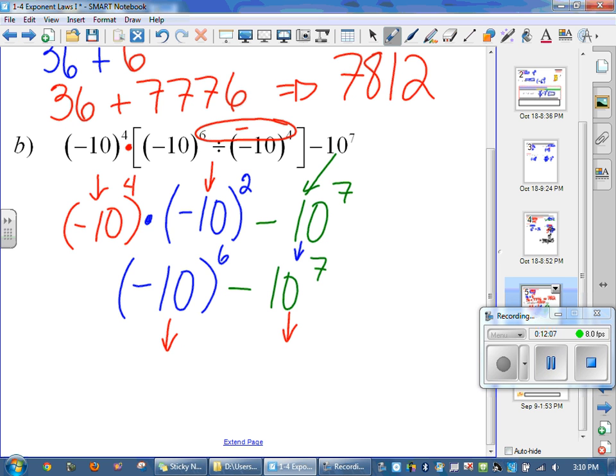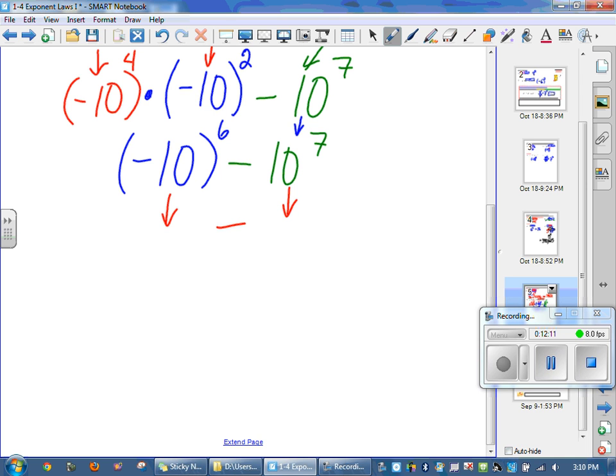So now, remember our exponent tells us how many zeros we have. An even number and a negative sign means I'm going to have a positive answer. I'm going to have 1 million, so 1 with 6 zeros. Subtracting 10 exponent 7, which means I'm going to have 7 zeros.